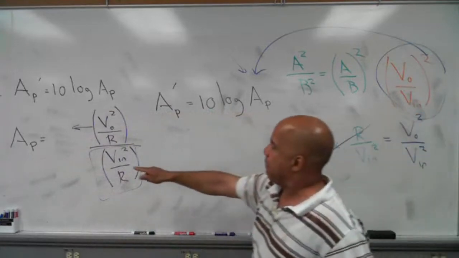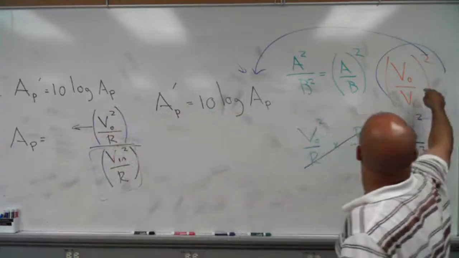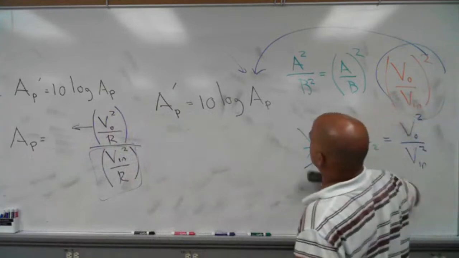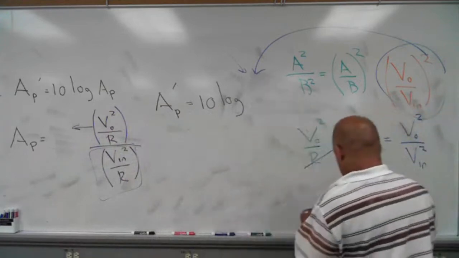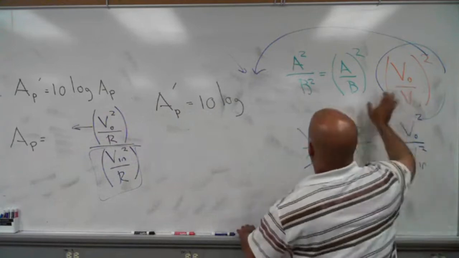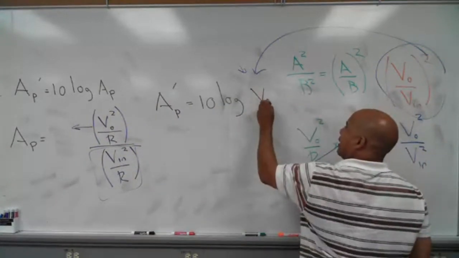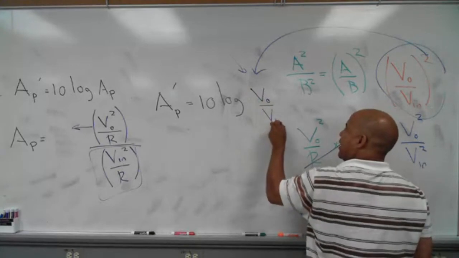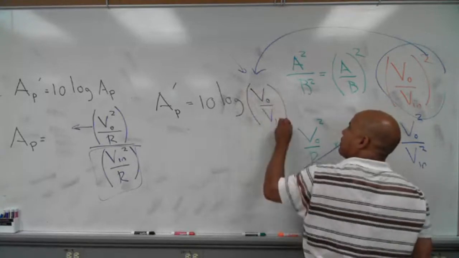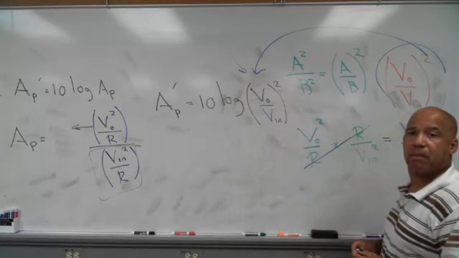So since AP is equal to this, I can erase this and put this quantity over here. I can say this is equal to V out over V in, squared.